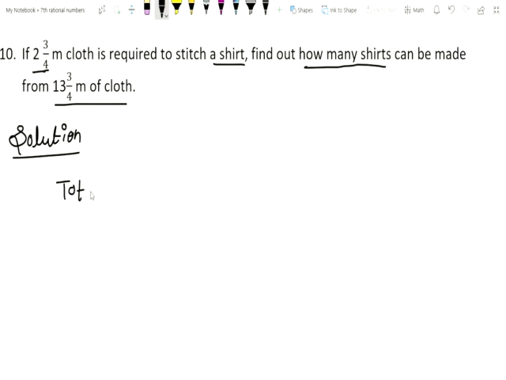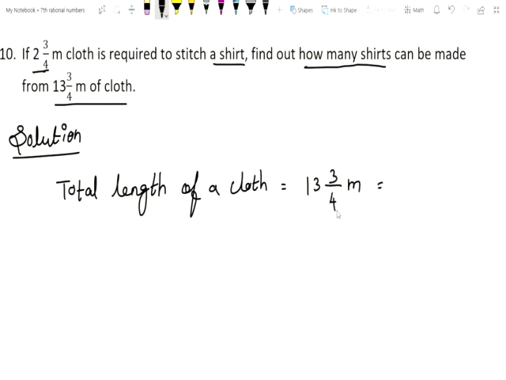So, the total length of the cloth equals 13 3 by 4 meter. Let's convert into improper: 4 into 13, 52, 52 plus 3, 55 by 4 meter.